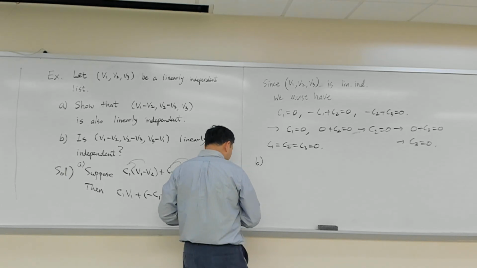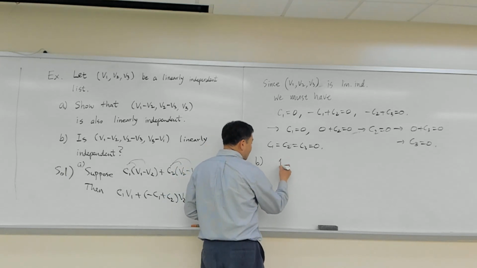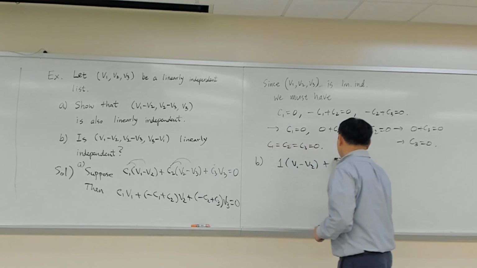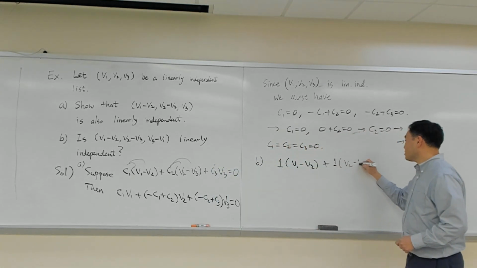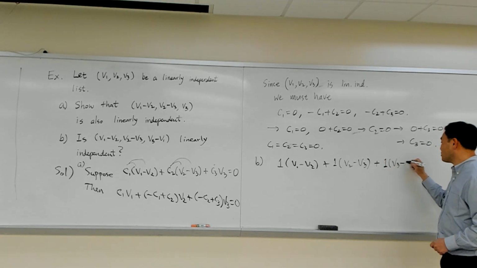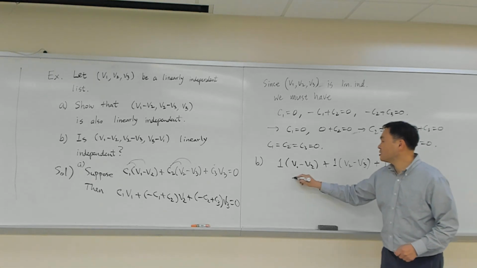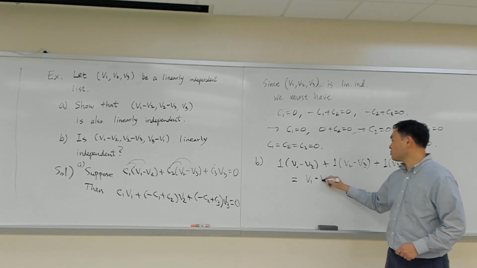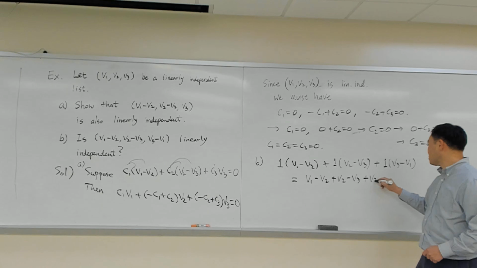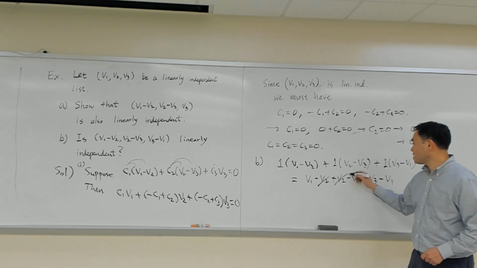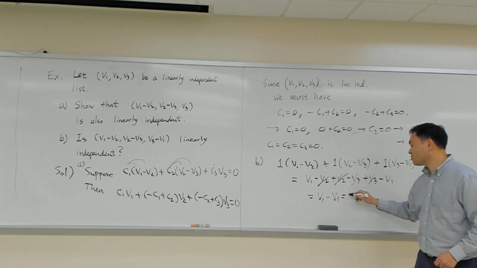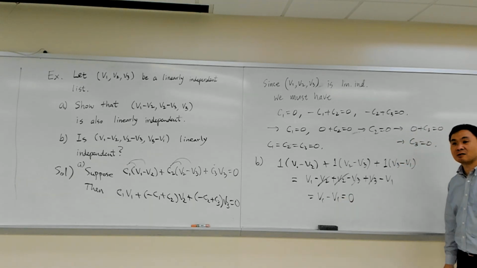So now we say 1 times (V1 minus V2) plus 1 times (V2 minus V3) plus 1 times (V3 minus V1) equals V1 minus V2 plus V2 minus V3 plus V3 minus V1. These cancel, so you get V1 minus V1. Oh, that's 0. Okay.